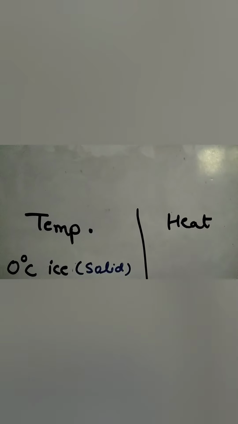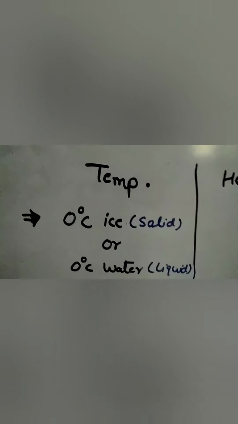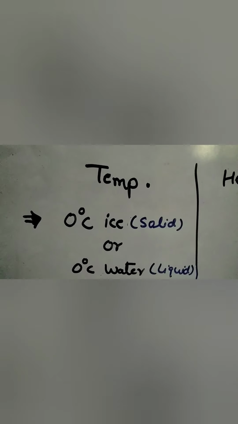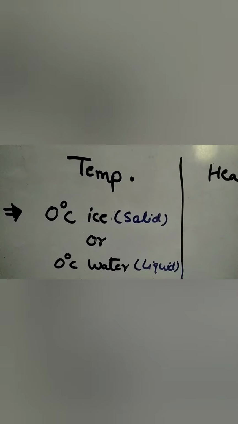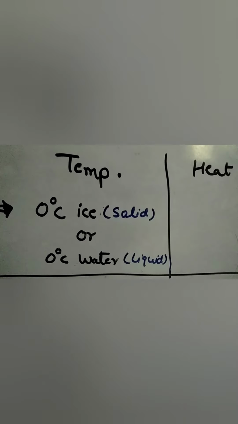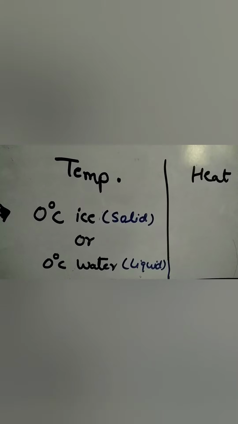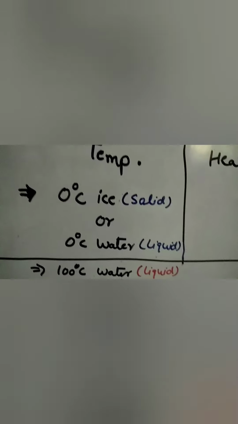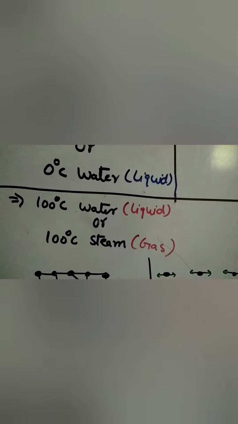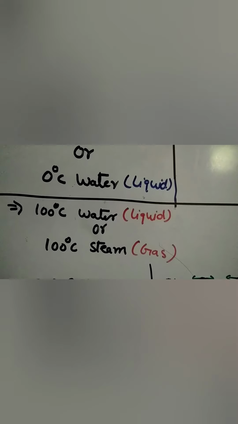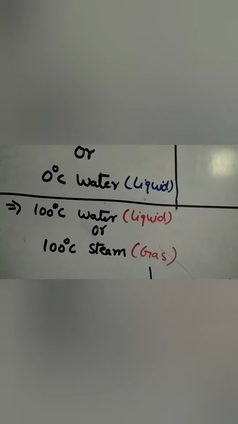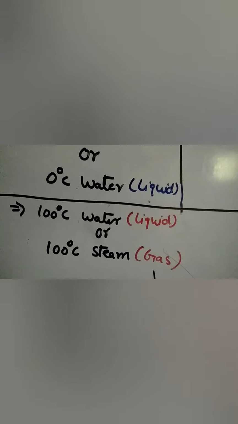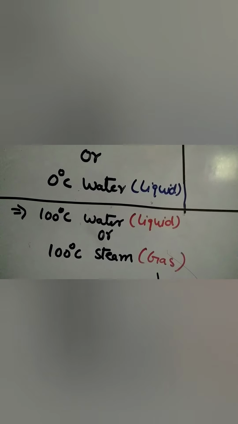After doing this activity, you would be able to answer this question: whether 0 degrees centigrade ice, which is solid, or 0 degrees centigrade water, which is liquid, will have more heat energy. Second question which you would be able to answer is: 100 degrees centigrade water, which is liquid, or 100 degrees centigrade water in the form of steam, which is gas, which will have more heat energy.